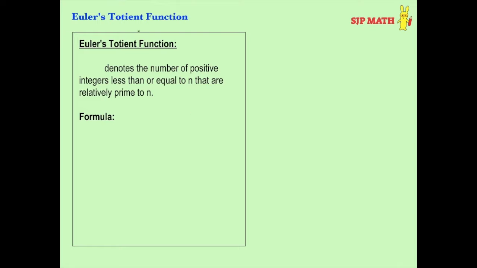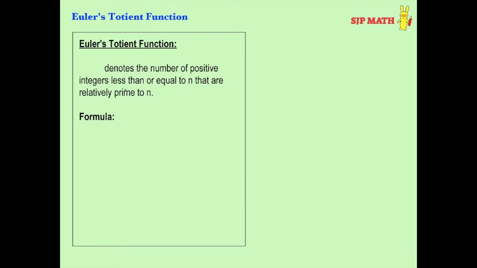So in this video, we're going to be talking about Euler's totient function. This is a really useful function, and its formula is also pretty useful. The main purpose of making a video on this function is because there's another video on Euler's totient theorem, which is a really famous number theory theorem, and it uses this formula, of course.